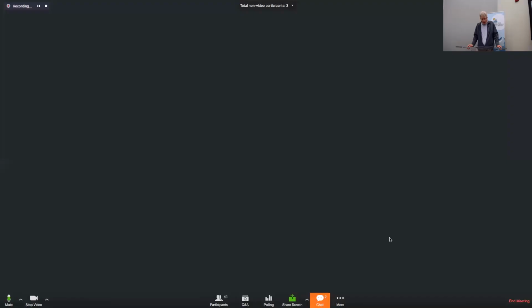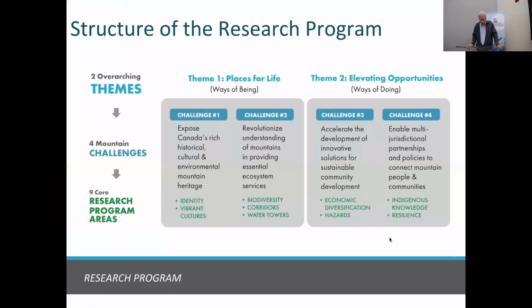But let me just say something about the challenge areas. These are really looking forward to what the outcome is of the research areas that we're considering. So for example, under theme 1 and the first challenge, we really see the opportunity to transform our understanding of mountains in sustaining Indigenous ways of knowing and being, and the diversity of connections that both Indigenous and non-Indigenous residents have with mountain environments.